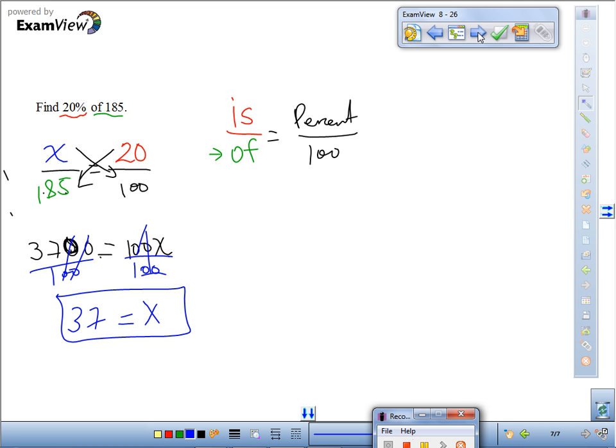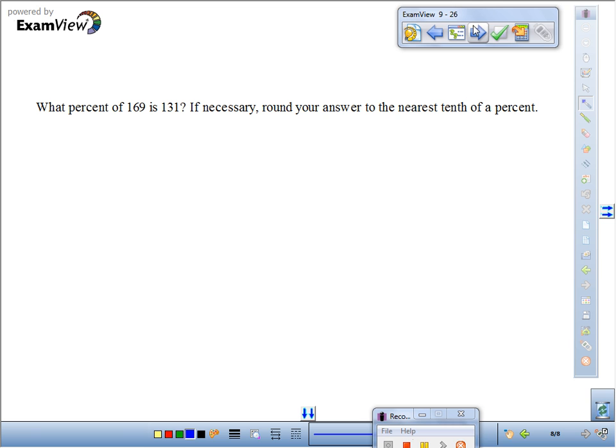Number 9 says, what percent of 169 is 131? Like this one. For this one, what is my proportion, guys? Is over of equals percent over 100. So I'm going to rewrite this, but with blank so I can fill it and do my computation.